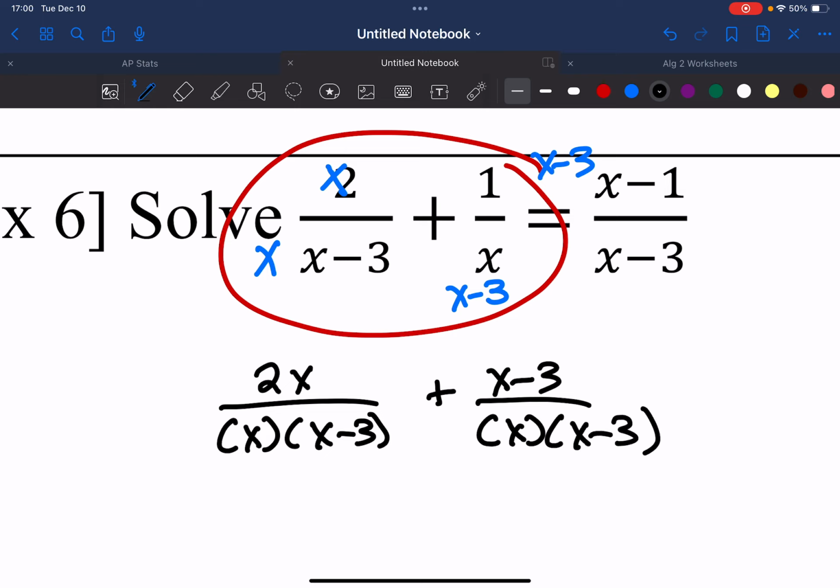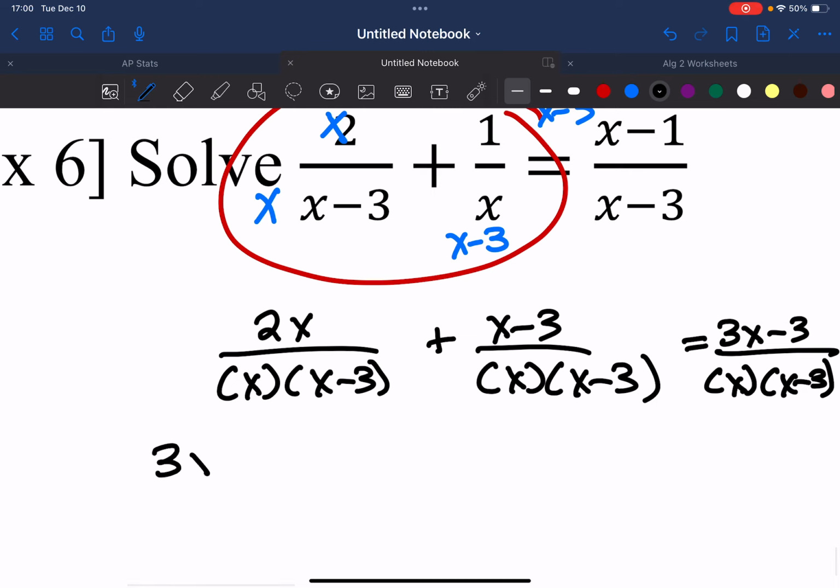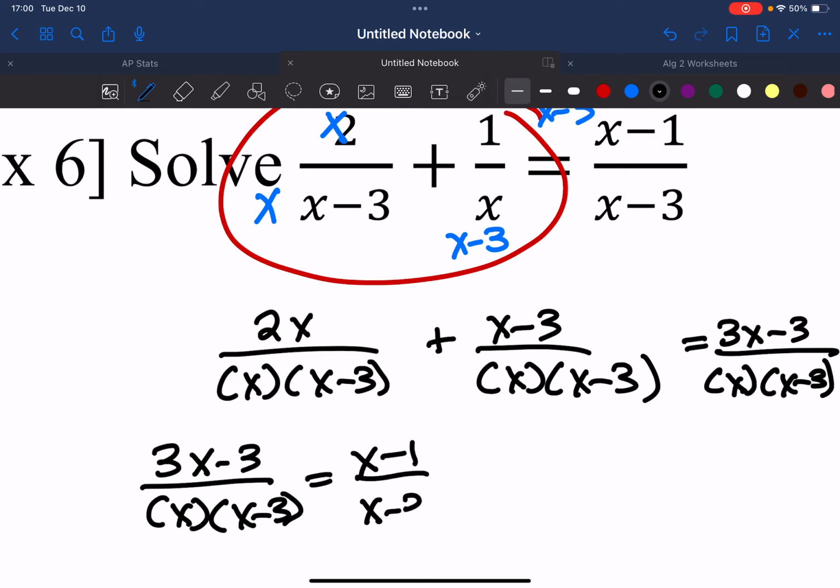So this gives me 3x minus 3 over x times x minus 3. So then I have 3x minus 3 over x times x minus 3 is equal to x minus 1 over x minus 3.